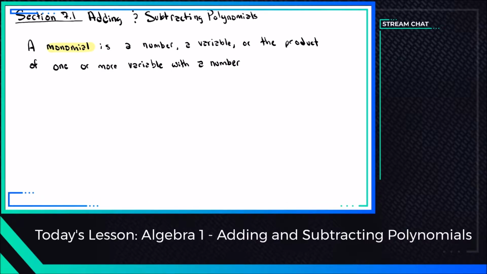All right, and every single monomial has a degree. So the degree of a monomial is the sum of the exponents in the monomial.